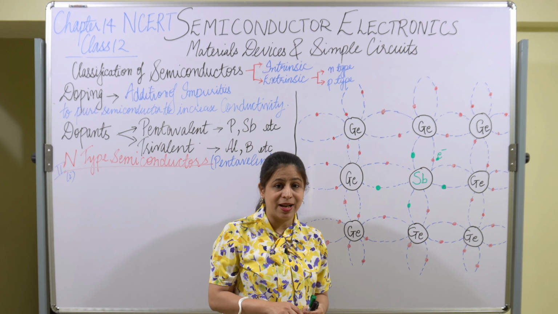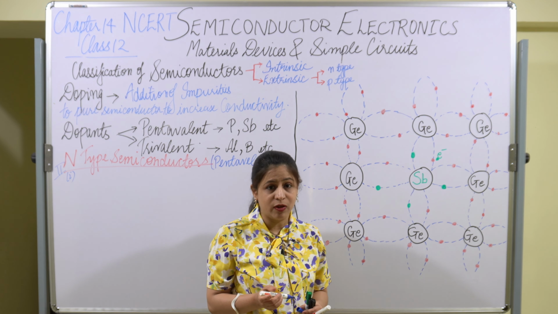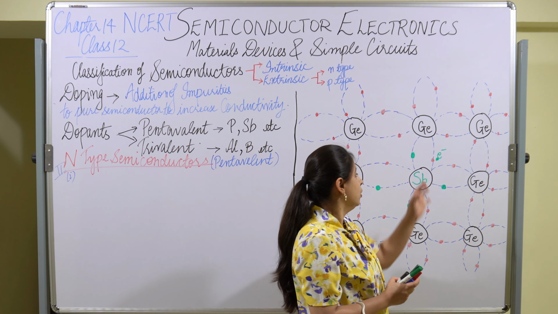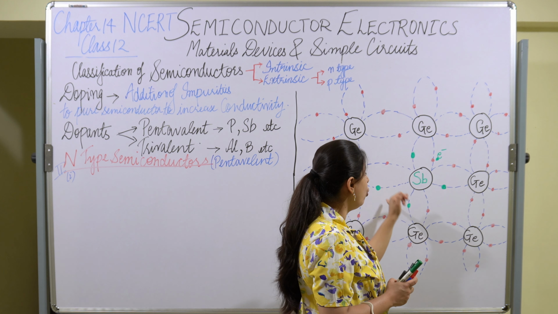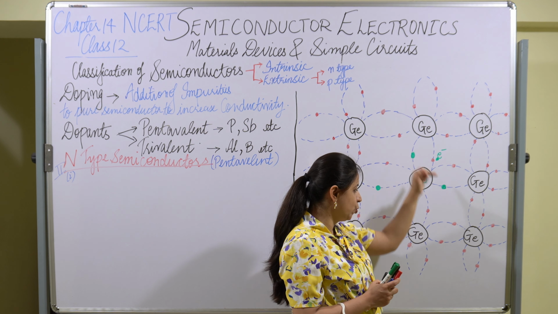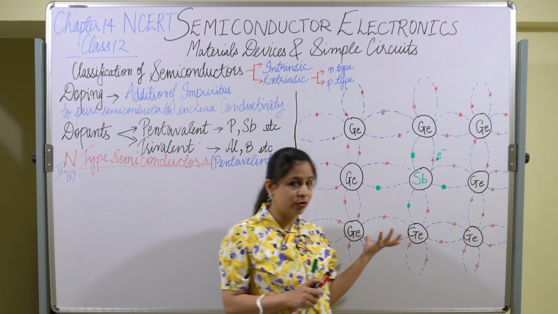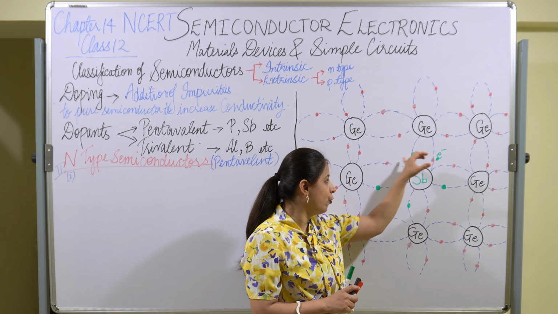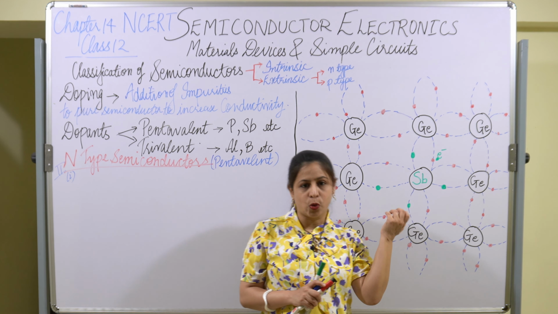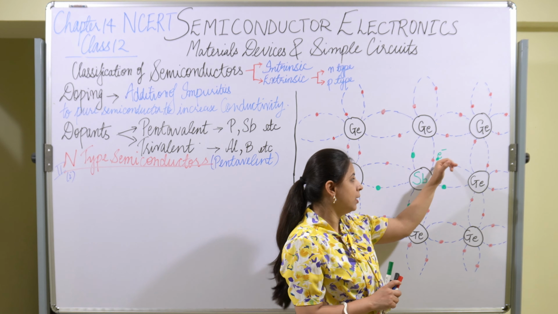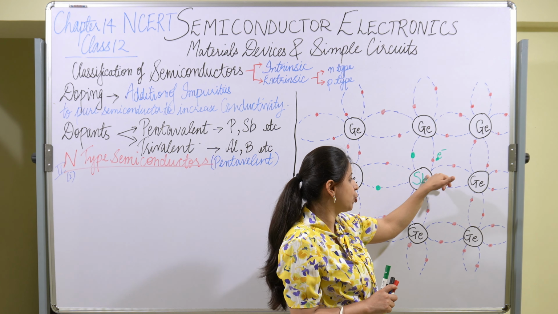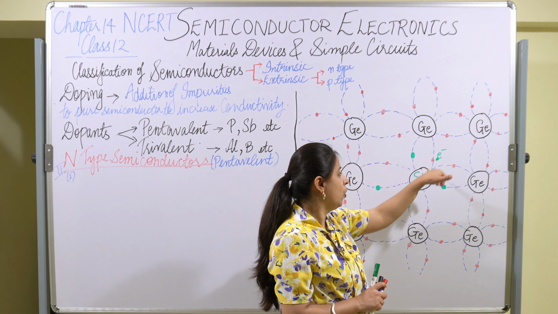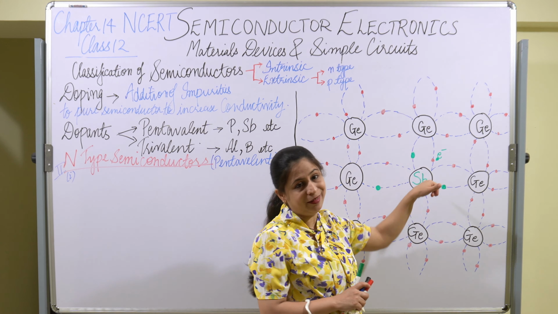It has 5 valence electrons, as the name suggests, pentavalent impurity. Four of the electrons share the bond as usual, forming covalent bonds, but the 5th electron is very weakly attached to its parent atom, antimony.